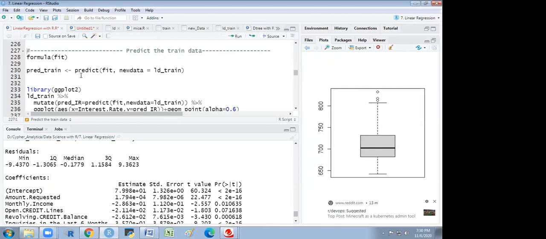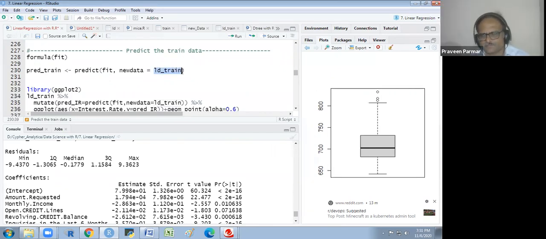Now I want to predict with the trend data itself. We have created the model with trend data. If I put the trend data in my model, how does it predict? I have an actual value in the trend data, the interest rate is already there, and I want some predicted rate.